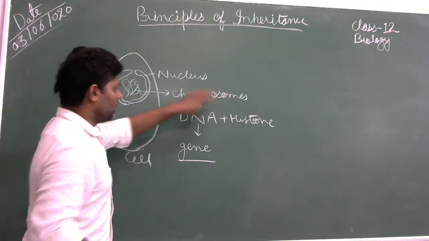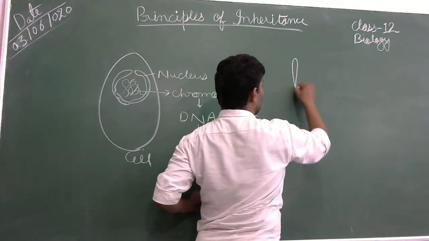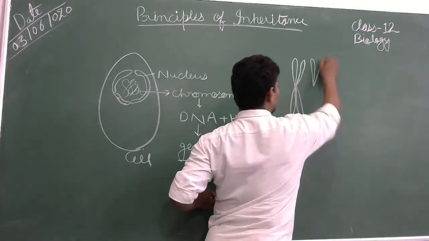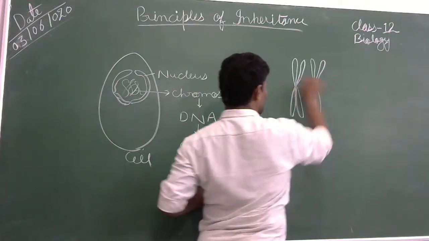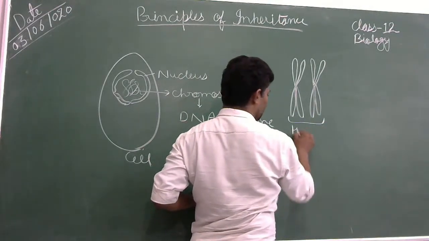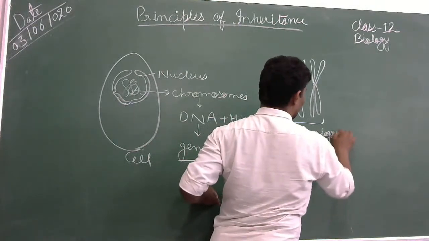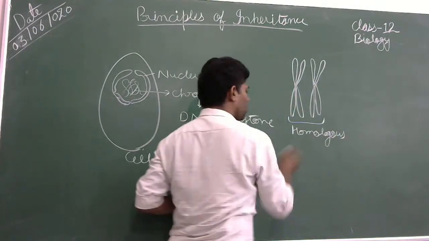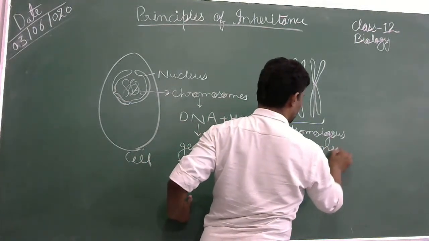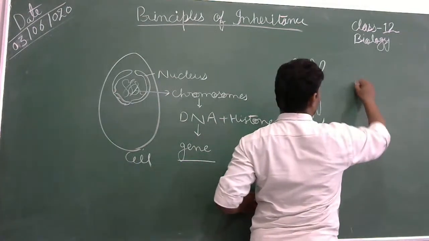Before this, if we want to know the chromosomes, chromosomes are present in pairs, right? This pair is termed as the homologous chromosome. Clear? Here is another chromosome.